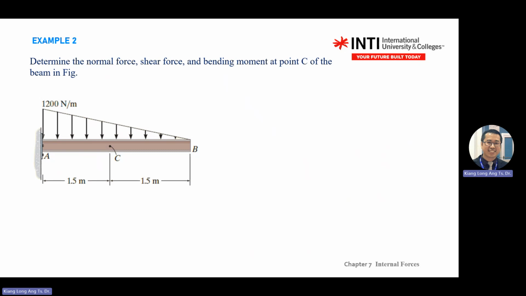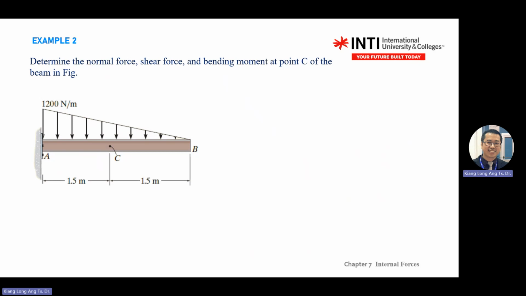That point, all right? So you determine the normal force, shear force and bending moment at point C for the beam in the figure. When you see a distributed load, the first thing is to convert this distributed load into focus load, and then determine the location of the focus load. Convert this distributed load into focus load before you solve anything. Okay, this is the first part.